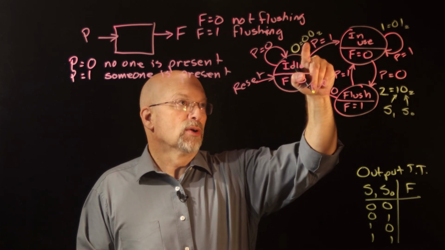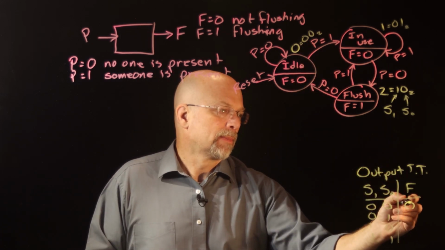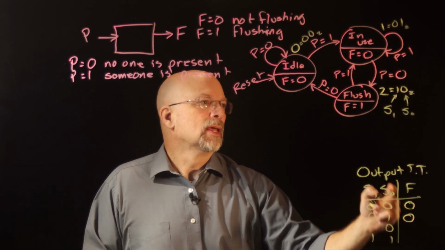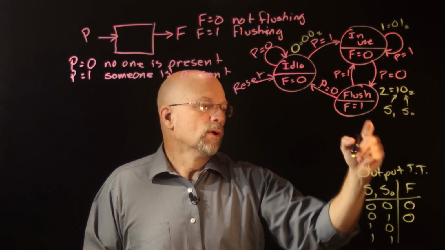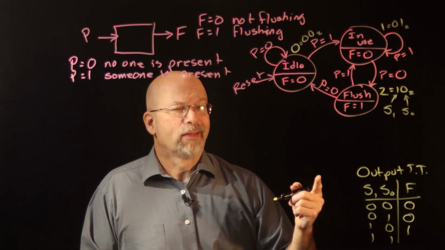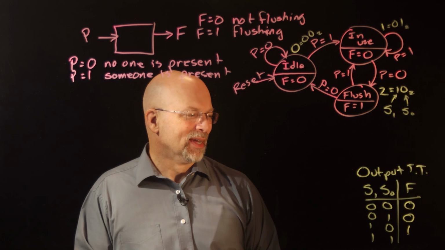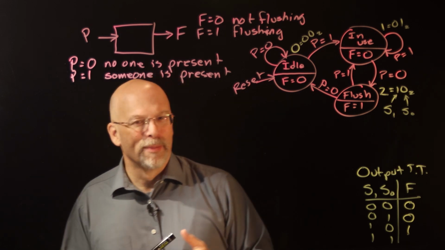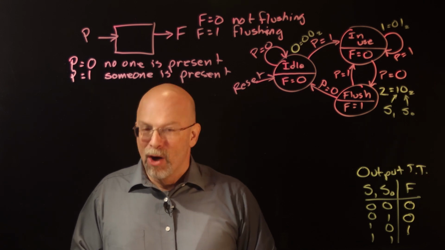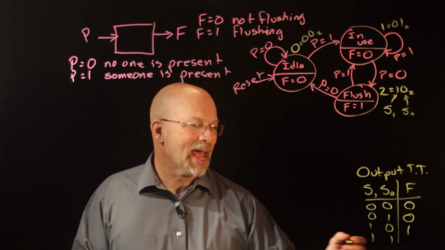Now, in state 0, 0, we're not flushing. In state 0, 1, we're not flushing. In state 1, 0, we're flushing. In state 1, 1, there is no state 1, 1, is there? If you remember back when we first introduced Karnaugh maps, we talked about the don't care.